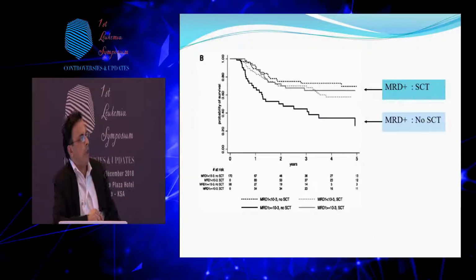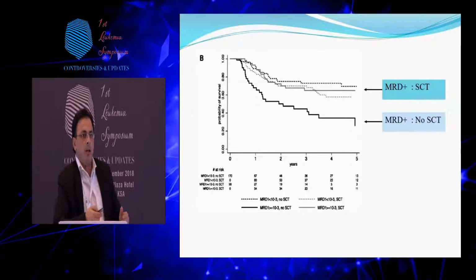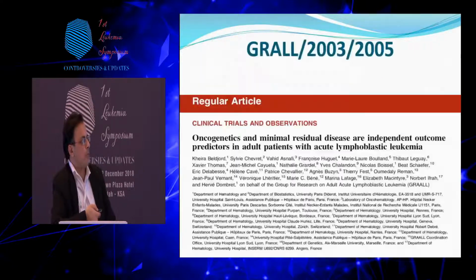However, when they went back and checked the MRD positivity, it's very clear that MRD positive people on pediatric protocol will benefit from transplant. And this is one of the indications for transplant on people treated on adult type protocol and pediatric type protocol. So MRD positivity, definitely go for transplant.